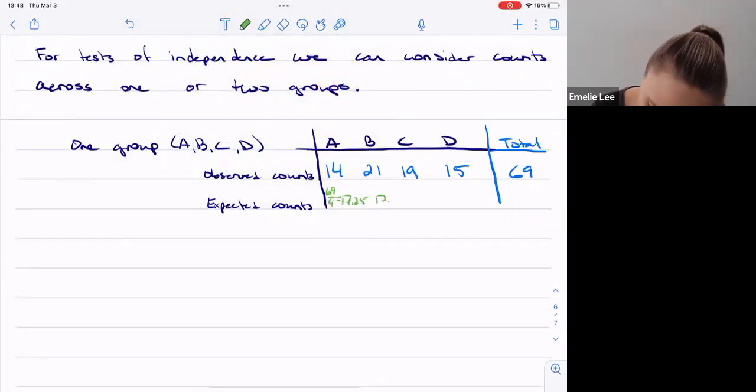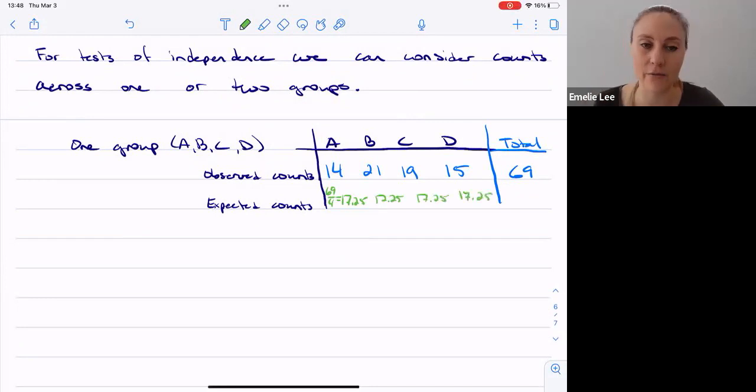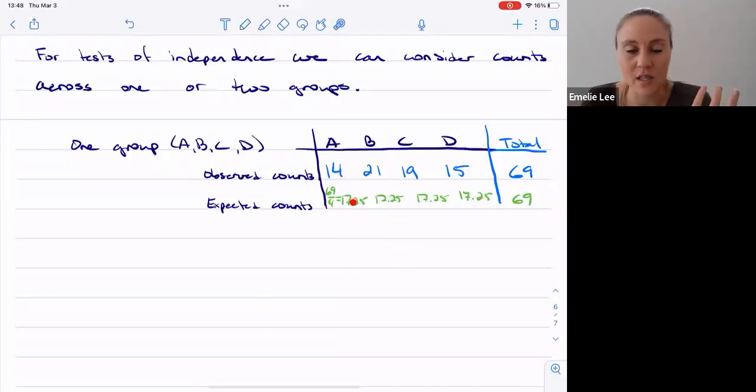So I would expect 17.25 in each category, and I'm allowed to have fractions in there because they're just expected counts, okay? And so I would just flesh it out over however many categories I have, and then I would have these observed counts and the expected counts, and my expectations come from my null hypothesis.